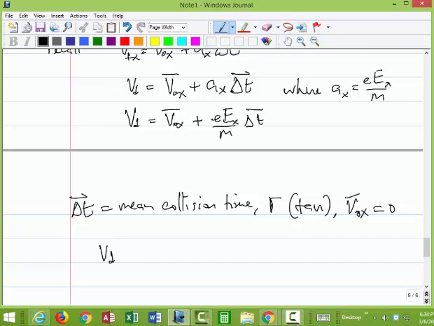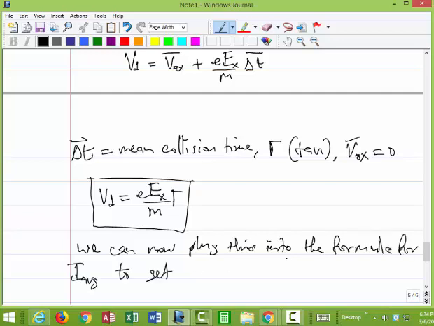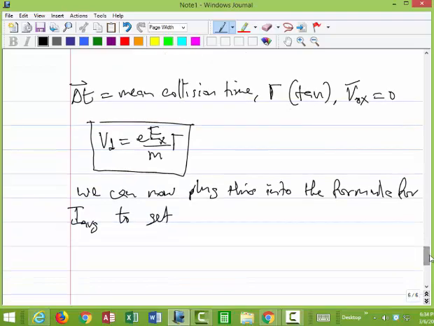So we can say that the drift velocity is just equal to E_x over m times tau. We can now plug this into the formula for average current to get the following. So we take the formula for average current. I average was equal to, what was I average?